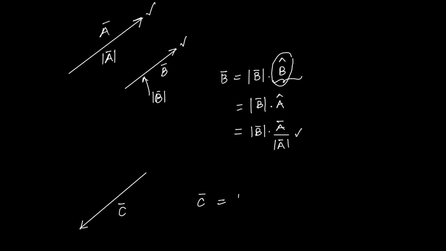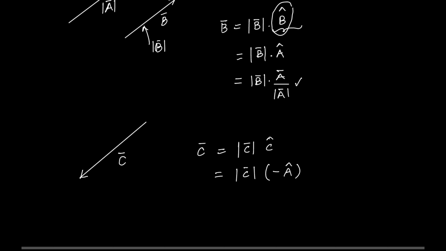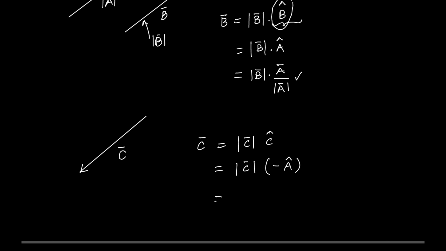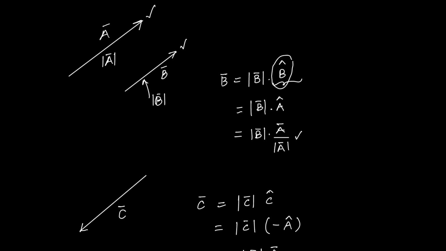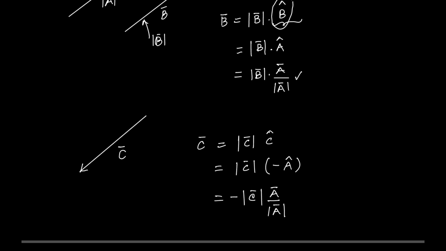C will be written as mod of c into c cap, but c cap is minus of a cap because its direction is just opposite to a. So this is how an anti-parallel vector will be written. So this is a use of unit vector. With the help of unit vector we can write any vector which is in that direction.